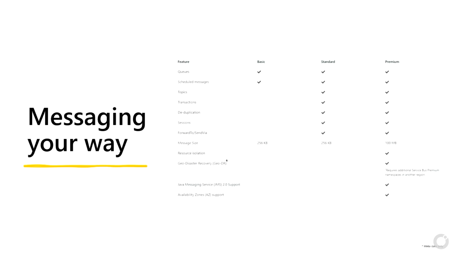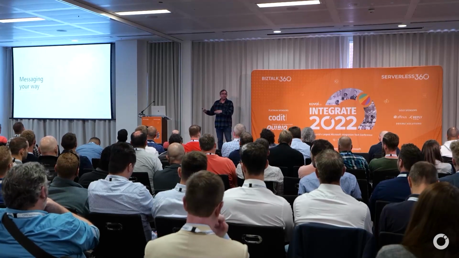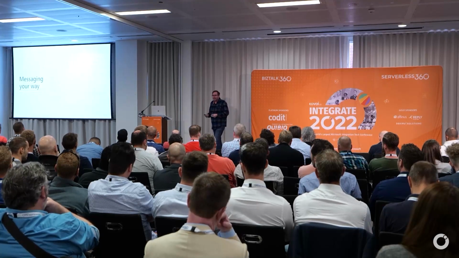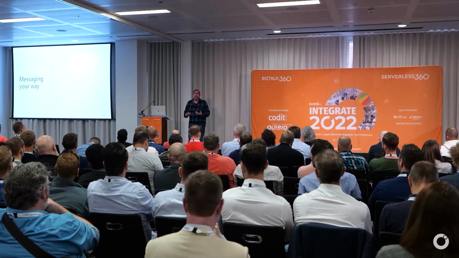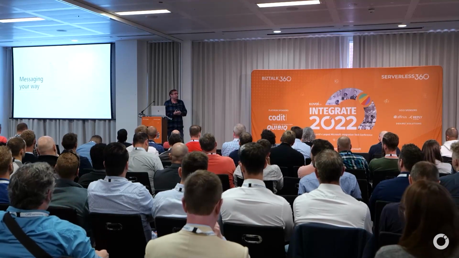And I think if you're using your messages for anything that is important, you should probably be on this tier, because this is where all the nice things are happening, basically. Also keep in mind, basic and standard are actually on a different architecture than premium is. So of course we get a lot of requests like, hey, we have this in premium, can you not just move this to standard? No, we can't, because a lot of those things are more enterprise, where of course you pay a bit more, but you also get those enterprise features.